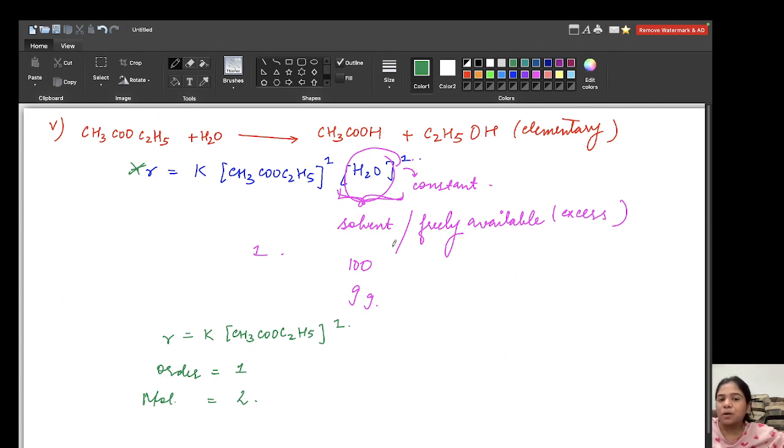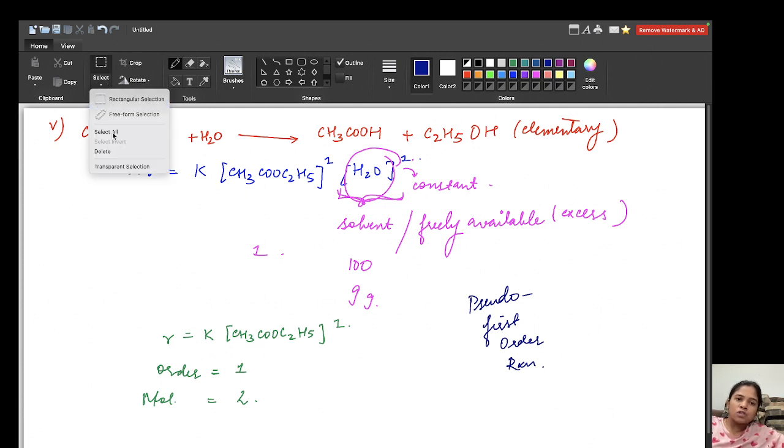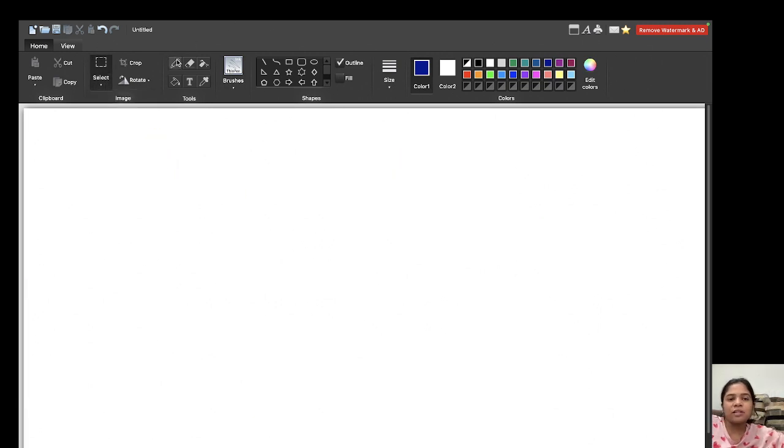So this particular example is an example of a pseudo first order, like false first order reaction. Pseudo first order reaction, okay. One more example from this that we will take is inversion of cane sugar.